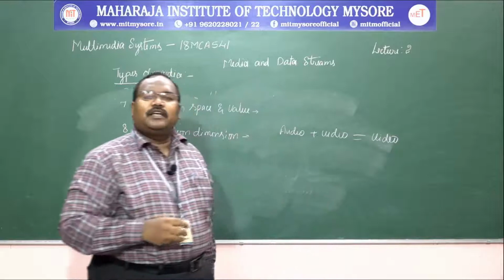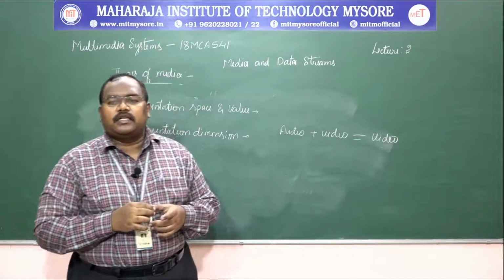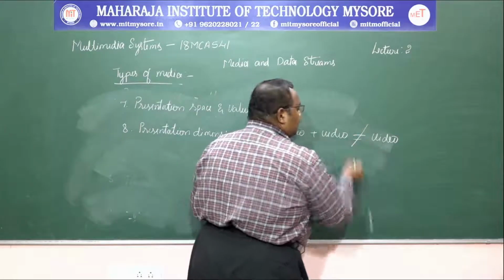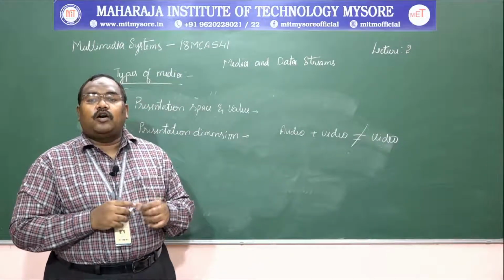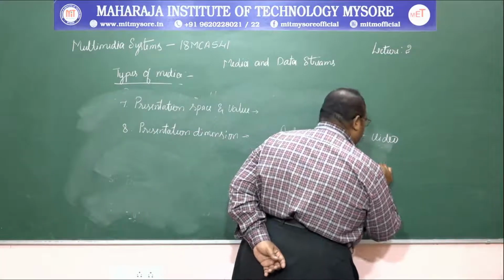When we say we have a video, it is a combination of audio plus video, but this is wrong. Audio plus video is not a video. Audio plus video is said to be continuous media.